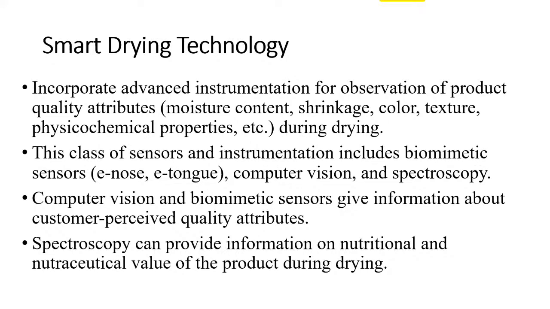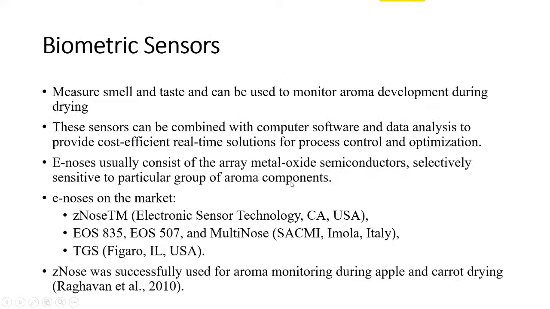Based on this information, we can then adjust the temperature of our dryer or the air velocity that we apply in order to optimize the quality of our product. And these are just some of the sensors available on the market, produced by several companies.